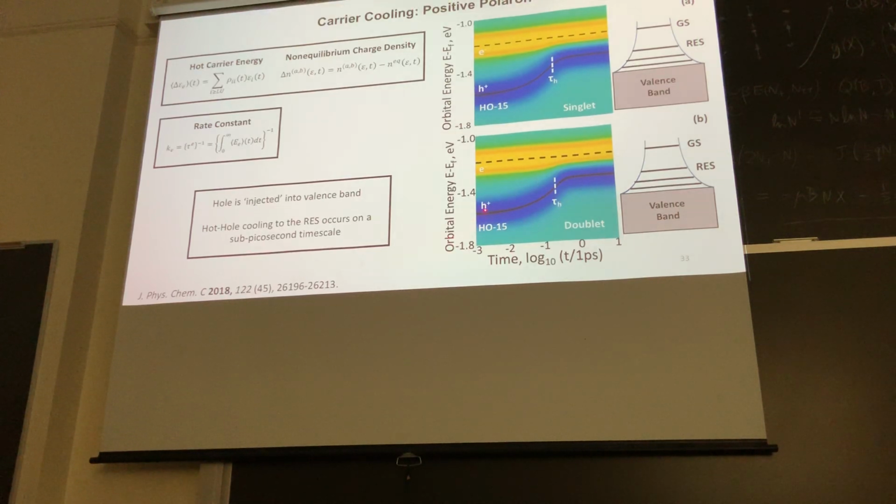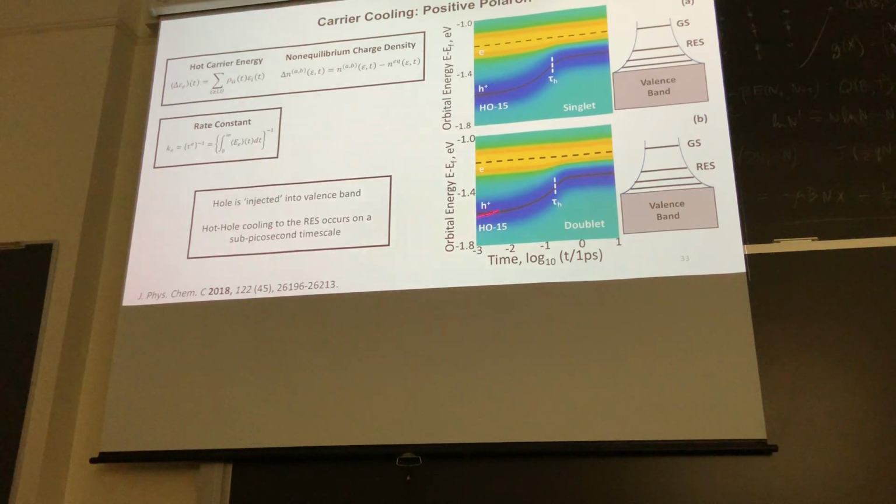So we can imagine that we inject a hole, like we hook up some sort of molecular lead, and we just put a hole into the valence band. And eventually that hole is going to cool to that relaxed excited state for the polaron and be pretty stable there for a while. And we see for both of these models that the cooling occurs pretty much on the same time scale, a couple hundred femtoseconds. Or, yeah, hundreds of femtoseconds.